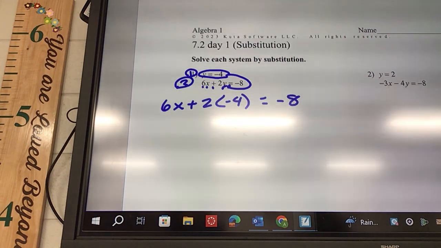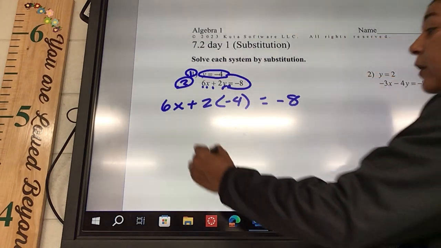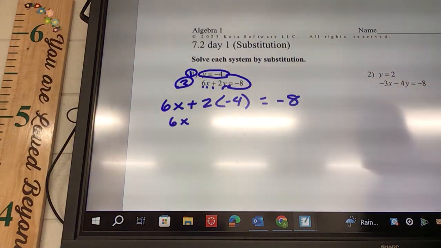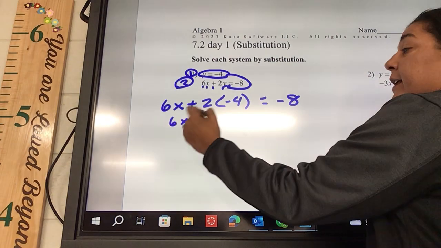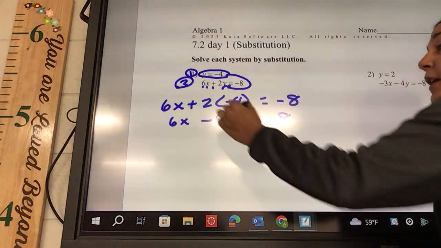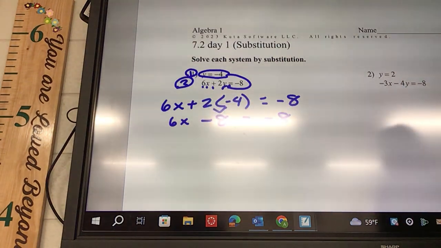Okay, and now we continue to solve, okay? And our first step is going to be to multiply those two. So what is 2 times -4? Because that's what this means, parentheses. -8. So it's going to be 6x minus 8 equals -8. Okay, the only part we did was that. Now if we're looking at this equation, who needs moved?